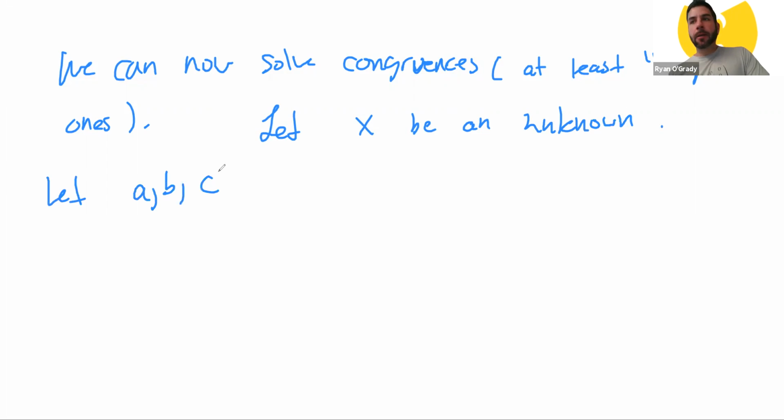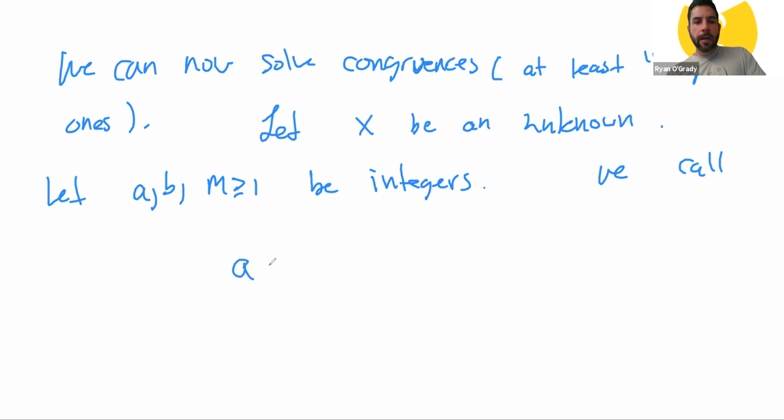Let A, B, and M be integers, with M greater than or equal to 1. Then what we're going to do is we call AX congruent to B mod M a linear congruence.